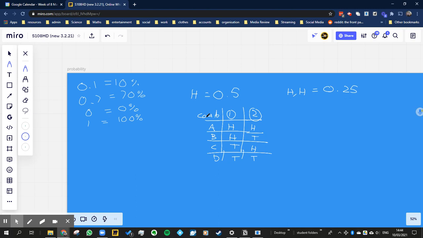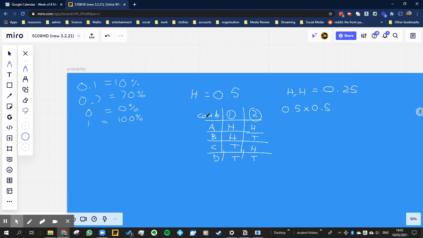We know that each event had a 50% chance of happening. So the first one was 0.5, and the second one was 0.5. What's the chance of both of them happening? It turns out you can just do 0.5 times 0.5.